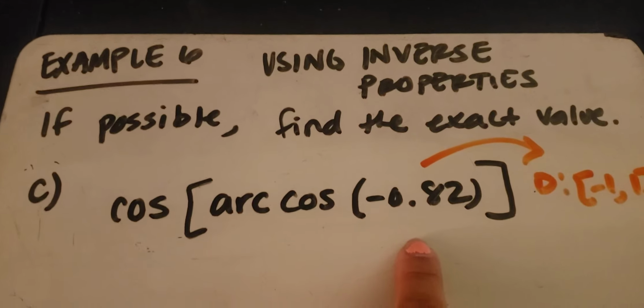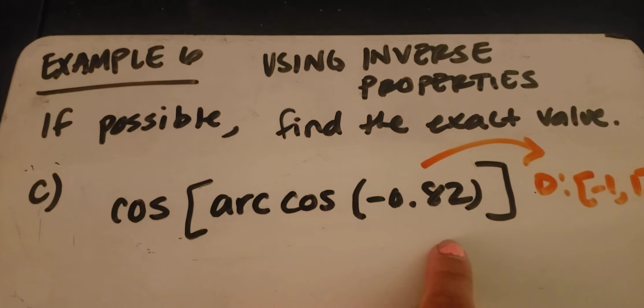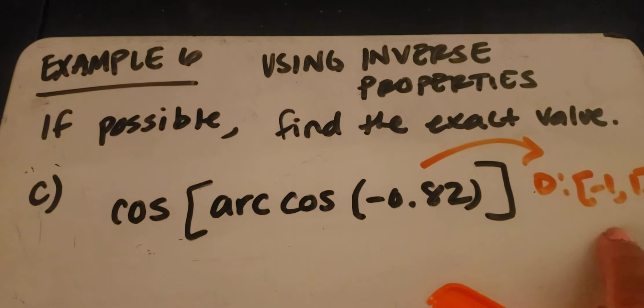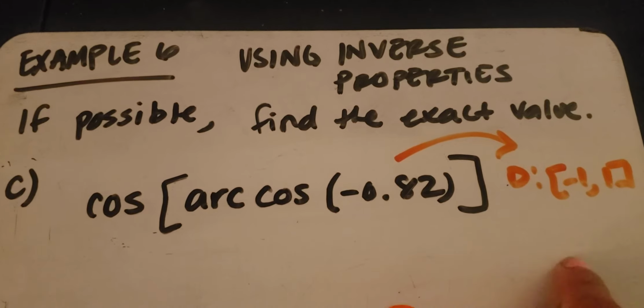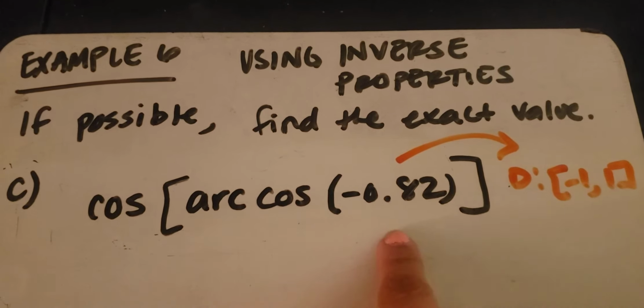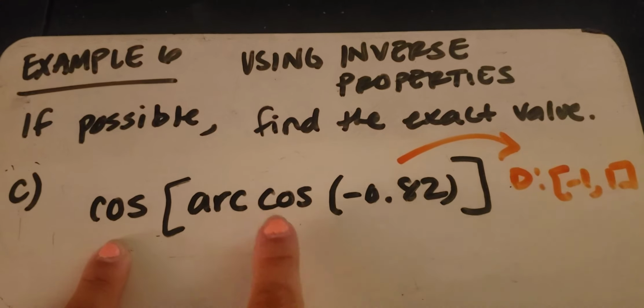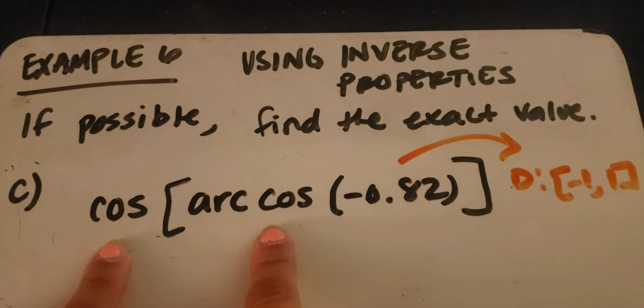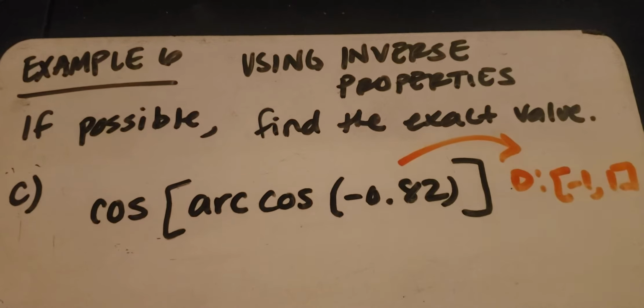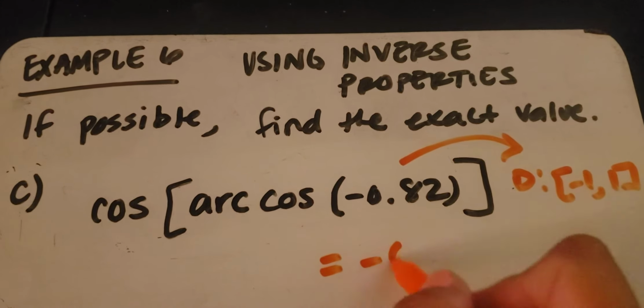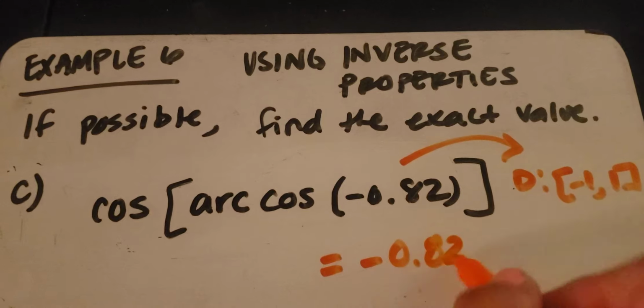If you notice, the value of -0.82 is actually within the domain. Because it's within the domain, this is an acceptable value. Cosine and arc cosine, or cosine inverse, pretty much cancel out. So your answer here should just be -0.82.